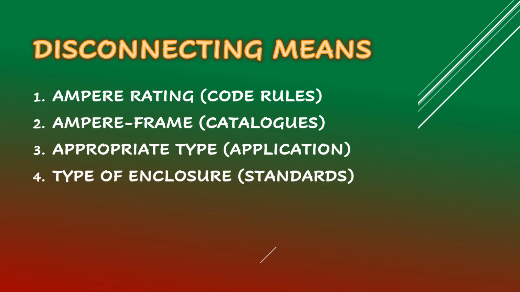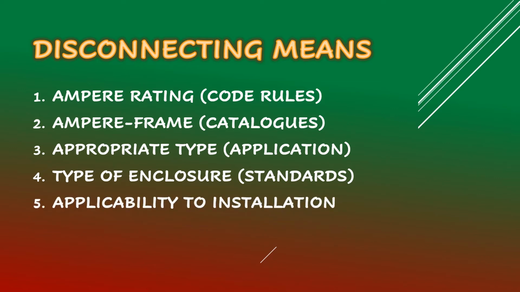The type of enclosure, which is given by standards like the NEMA standard. And the applicability to installation: let us decide whether a disconnecting means is required in this kind of installation, so that you include it in your design.